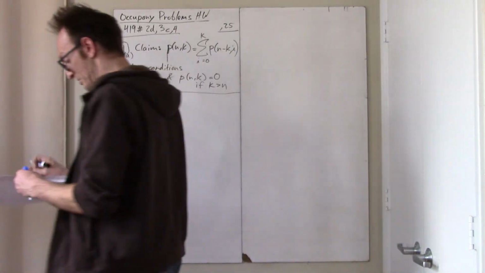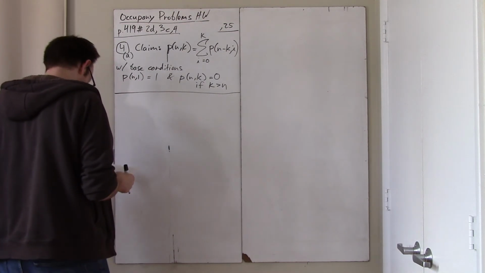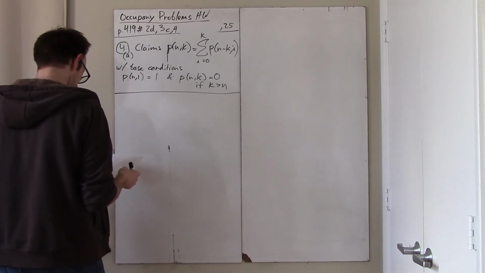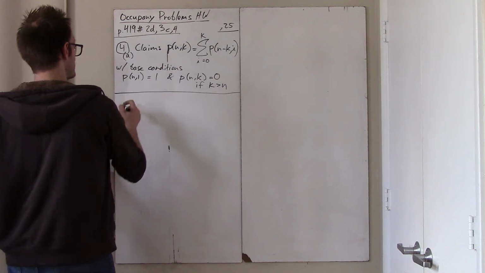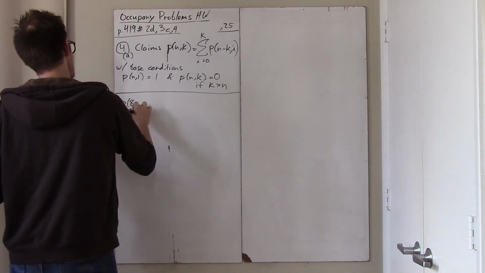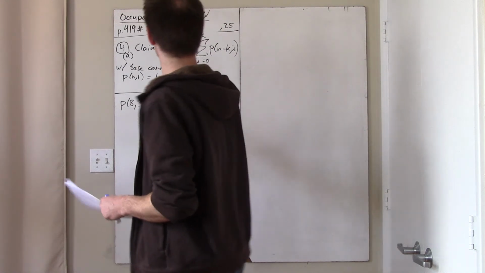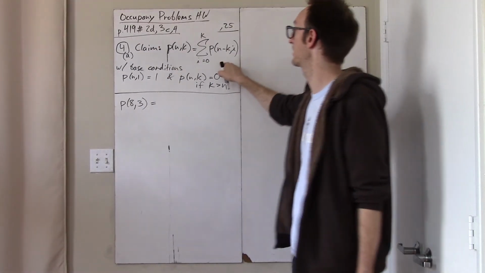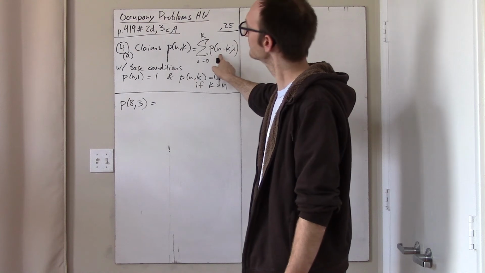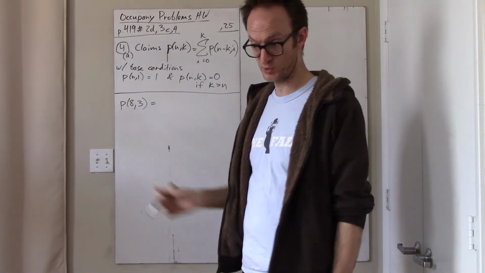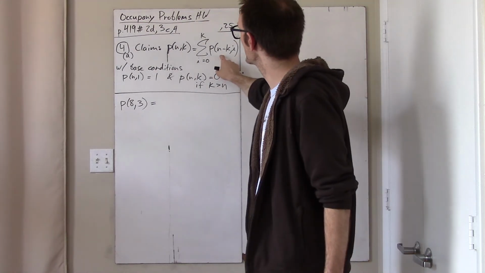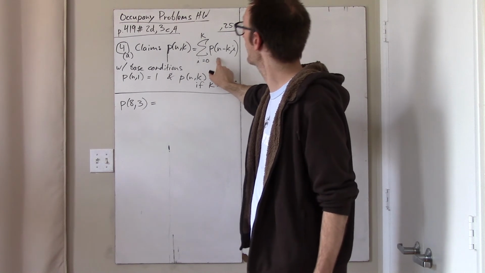First, maybe just an example, another example of this. Okay, so take P(8,3). Let's just mindlessly follow this summation here, and try to get a feel for this, because usually this is easier to do with numbers. So what is P(8,3) according to this formula?